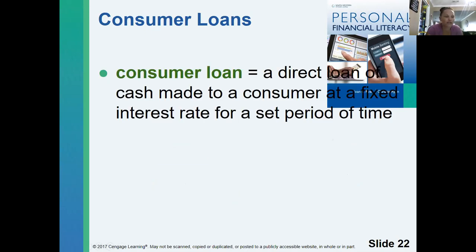Consumer loans. A consumer loan is a direct loan of cash made to a consumer at a fixed interest rate for a set period of time. So say you get a loan for $5,000.